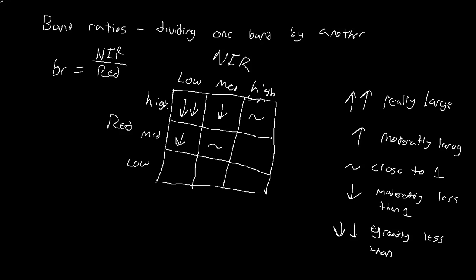What about a high divided by a medium? Well, this falls into the same category as the low divided by medium, except now it's flipped. Now we have the NIR, this is the first time that we have the NIR value being higher than the red. So we have a large number being divided by a slightly smaller number, right?